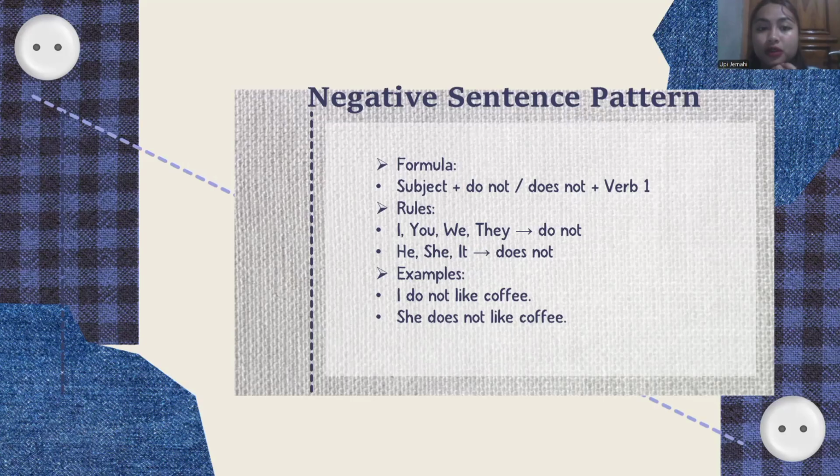For the rules, you can see in the PPT. For I, you, we, they, we use do not. For he, she, and it, we use does not.